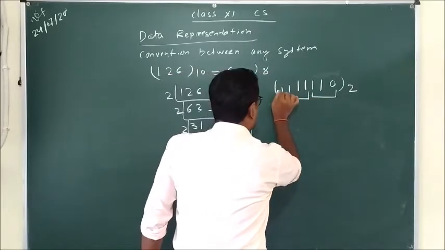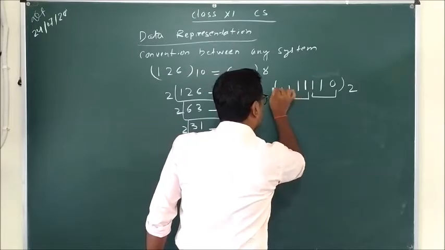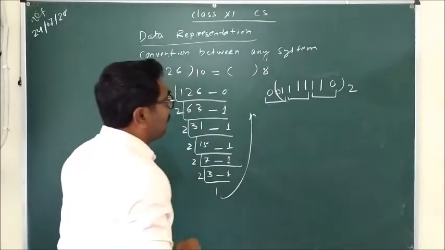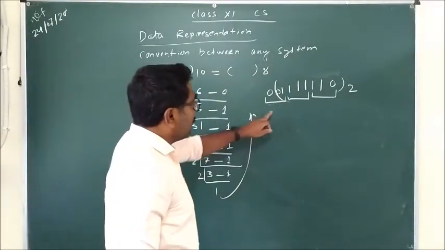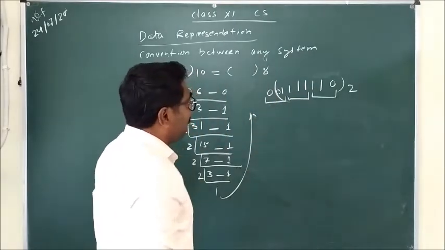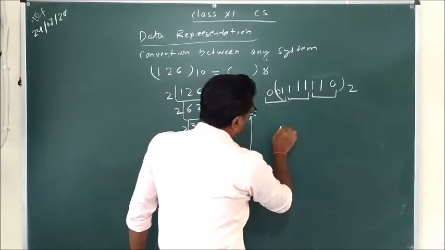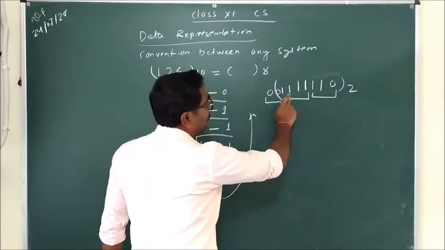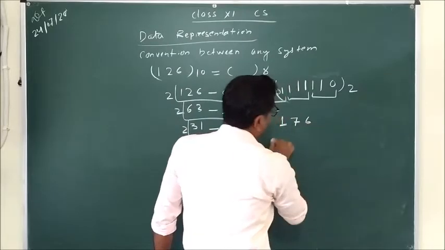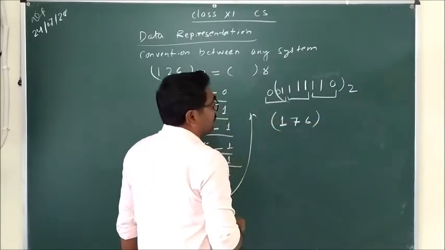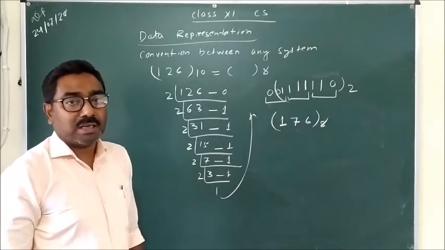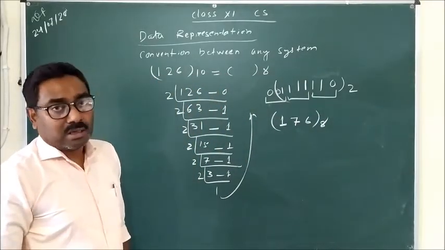Now 2 digits are missing from the group, so I am putting 2 zeros at the left hand side, which doesn't change the value, so the number is 0 0 1, 1 1 1 and 1 1 0. 0 0 1 is 1, 1 1 1 is 7 and 1 1 0 is 6. That is 176 base 8, the equivalent octal number.